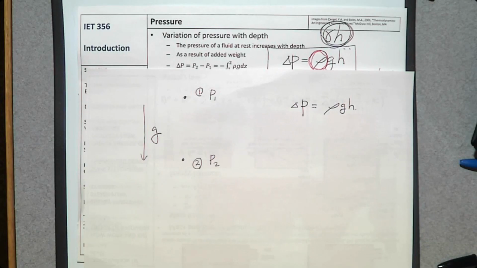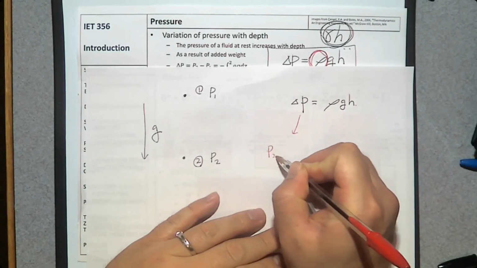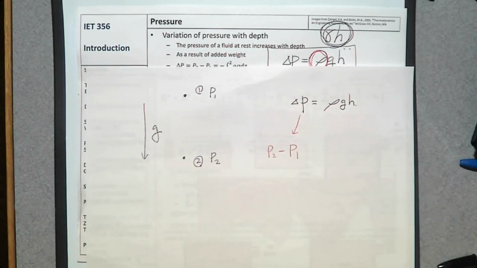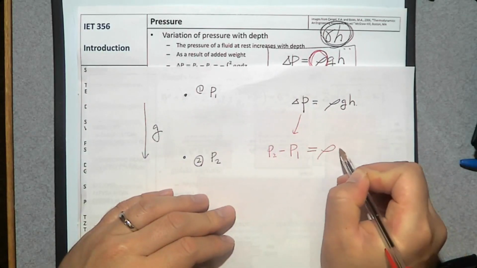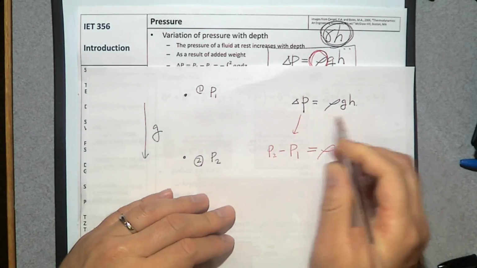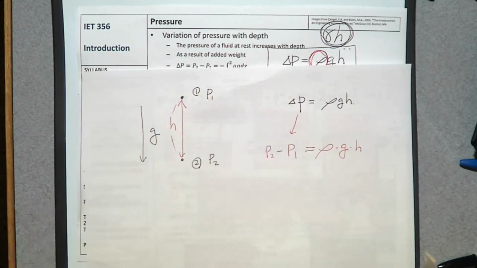If you calculate P1 minus P2, it's going to be a negative value, and this delta P, the difference in pressure, cannot be negative. So this should be P2 minus P1, not P1 minus P2, and it equals density times gravity times h, where h is the height between these two. Okay? So that's how we can determine the pressure change between two locations.